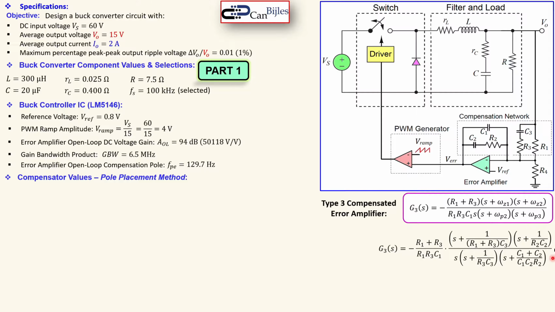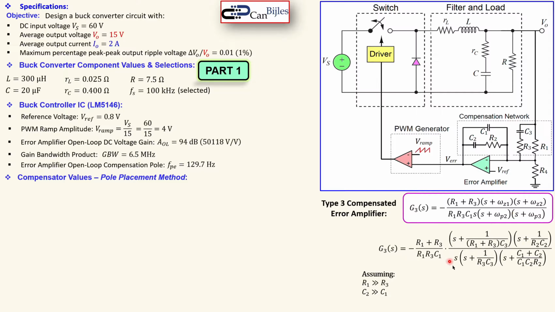You will see that also in the component value expressions, and this can in most cases be approximated, which again speeds up the calculations, because most of the time R1 is much larger than R3, and C2 is also much larger than C1.